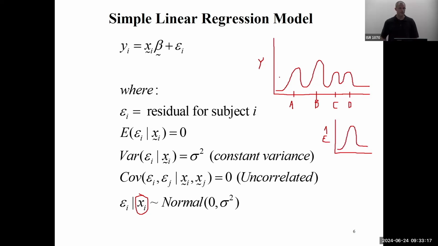Okay. So you could throw at me any distribution on a continuous variable. I don't care how it looks. As long as you include the right predictors in that model and those residuals conditional on the values of those predictors follow a normal distribution, I'm perfectly happy.